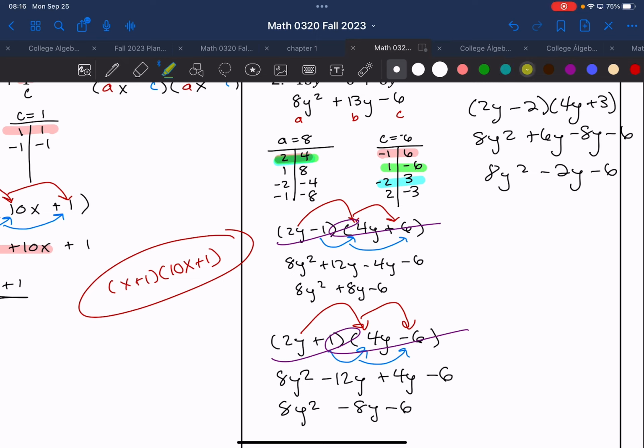Okay, so now we're trying 1 and 8. And do you guys want to stick with the 2 and 3, or do you want to move to the 1 and 6? Because technically what we should do is go through each one again. But does anyone have any intuition or guess of what would work?